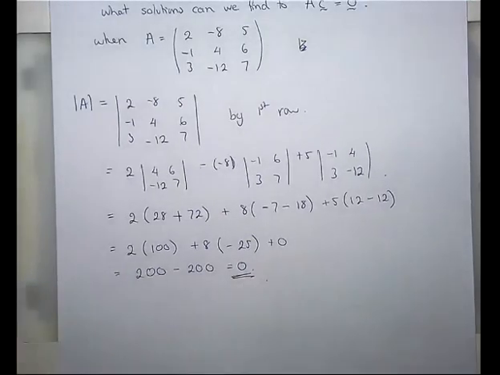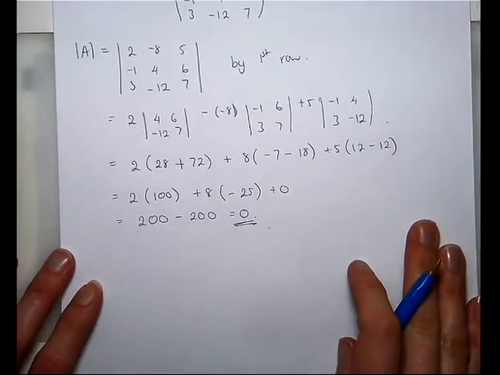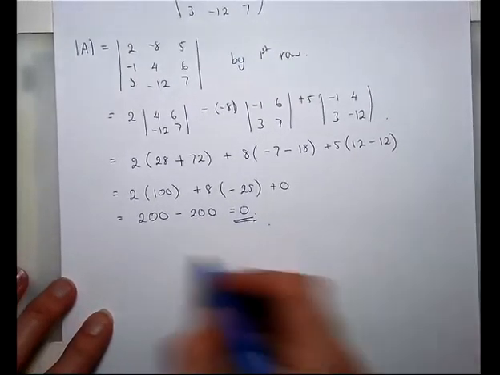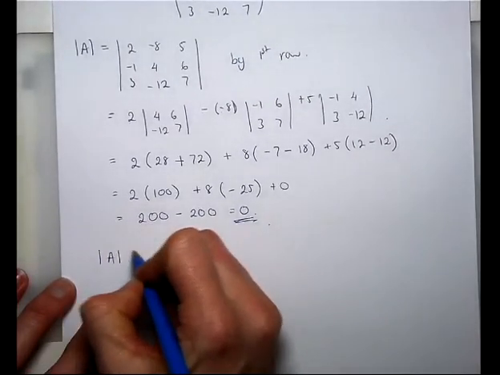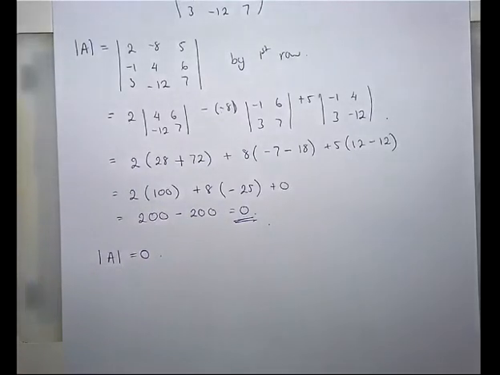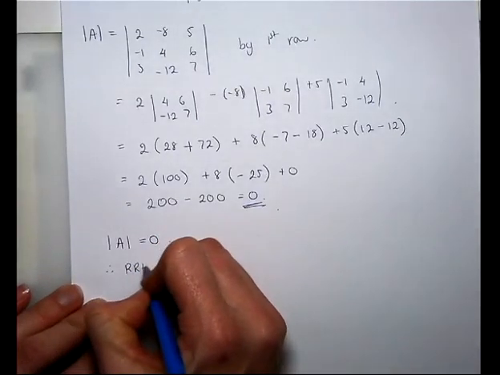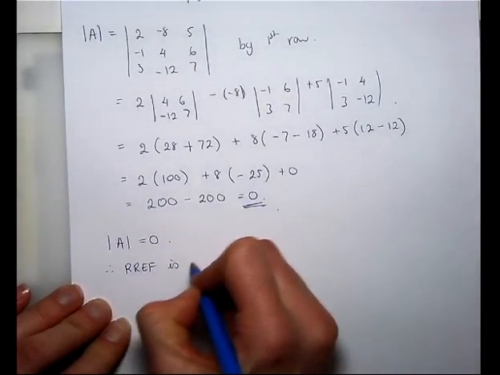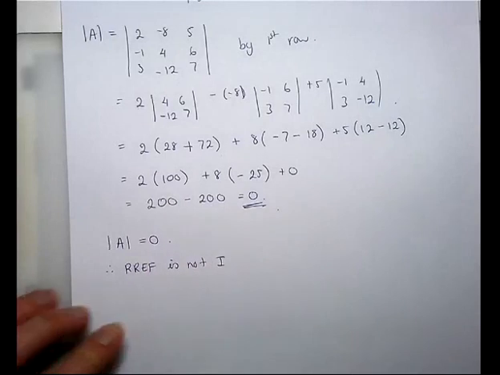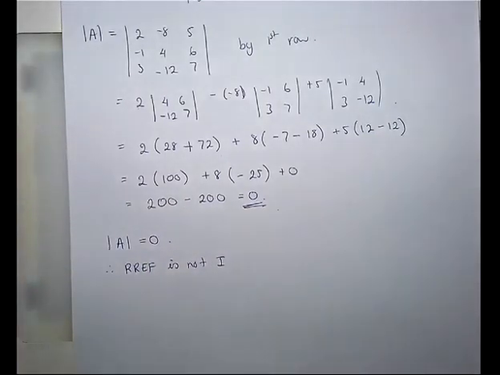So this time the determinant equals 0. Of course that's going to happen because I'm going to give an example each way. So let's write down what that means. The determinant is equal to 0. That means the reduced row echelon form is not the identity.